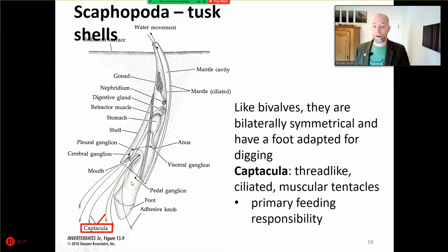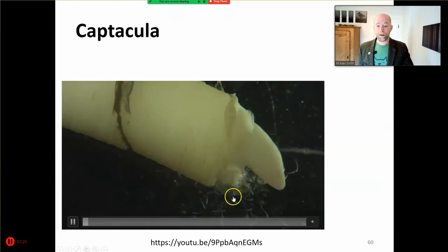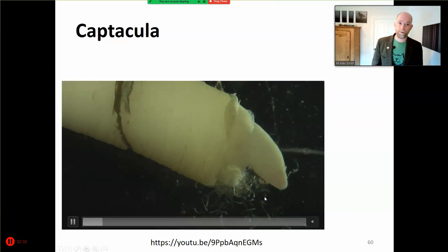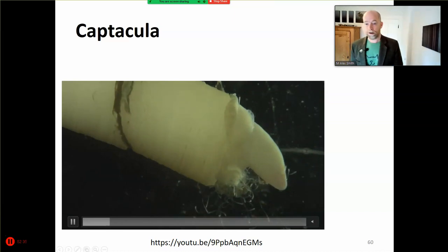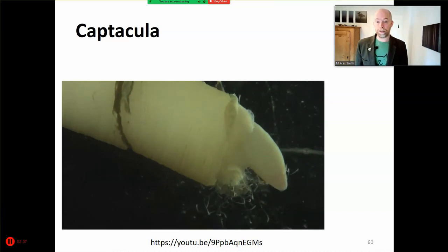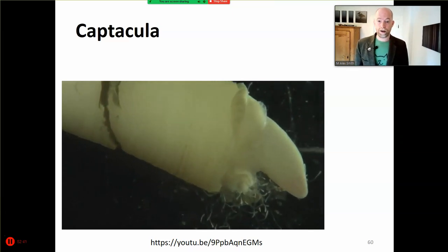Their primary responsibility is feeding. And there is a small video. YouTube and Vimeo are not full of a lot of good scaphopod videos. Maybe you can go out and change that. But this is video of the anterior end of a scaphopod extending and moving its captacula.